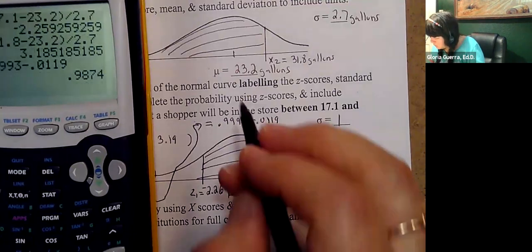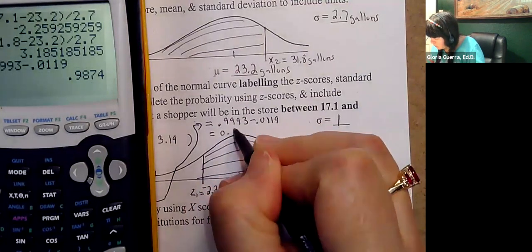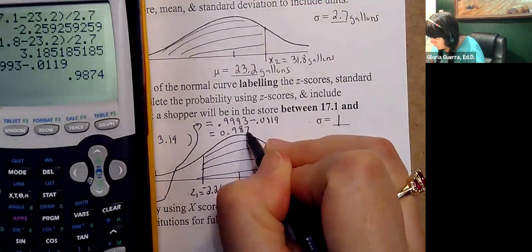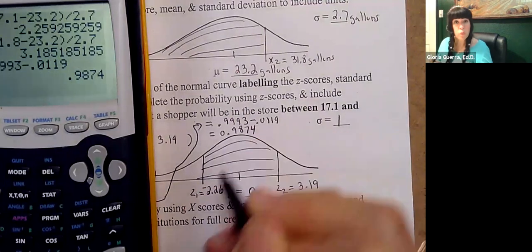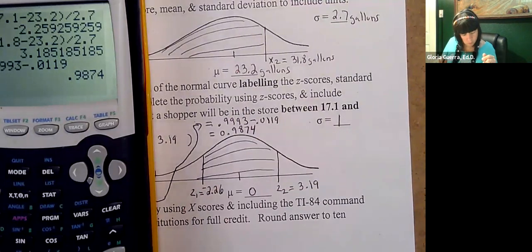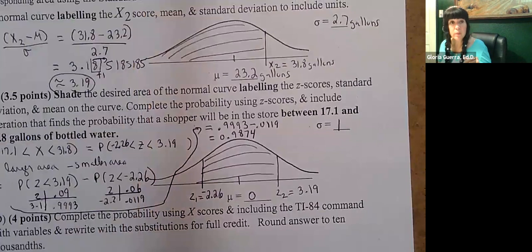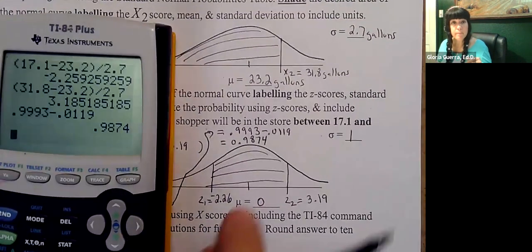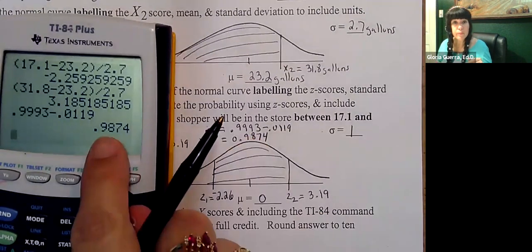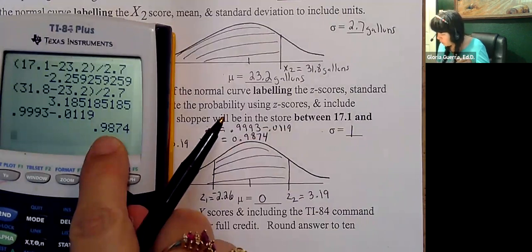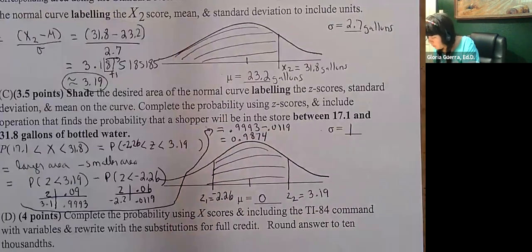Looks like it's 0.9874. Okay. So that's using the table.